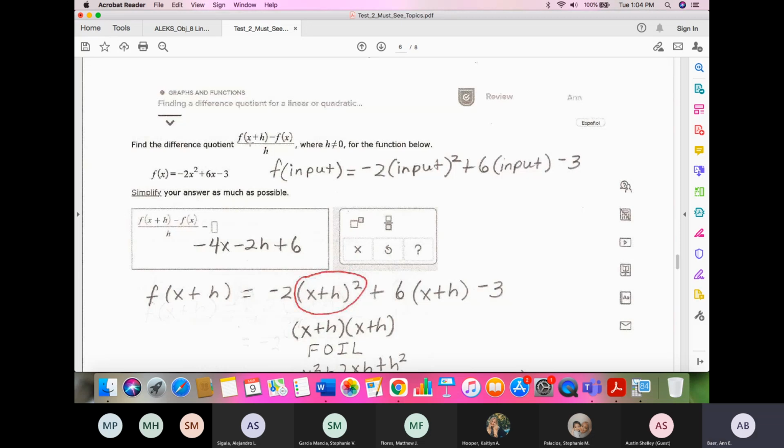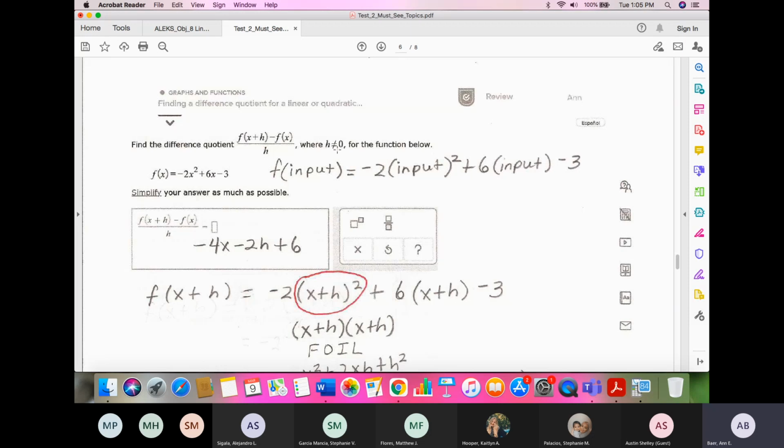Really, this is f of x plus a tiny bit more is how we view it in calculus. So this is finding f of x plus a little bit more, which we call h, that little bit more. So f of that, we want to find the difference quotient f of x plus h minus f of x divided by h. And of course, this h that we're dividing by can't be 0.